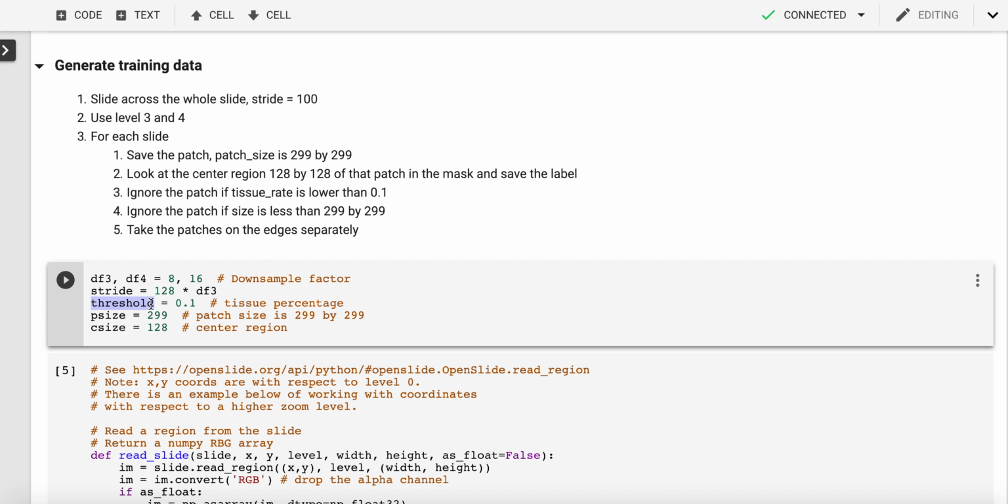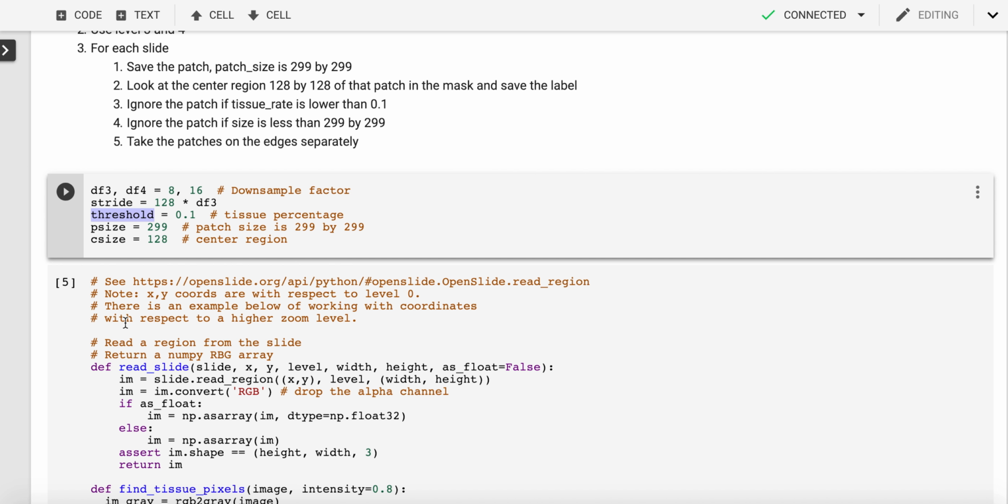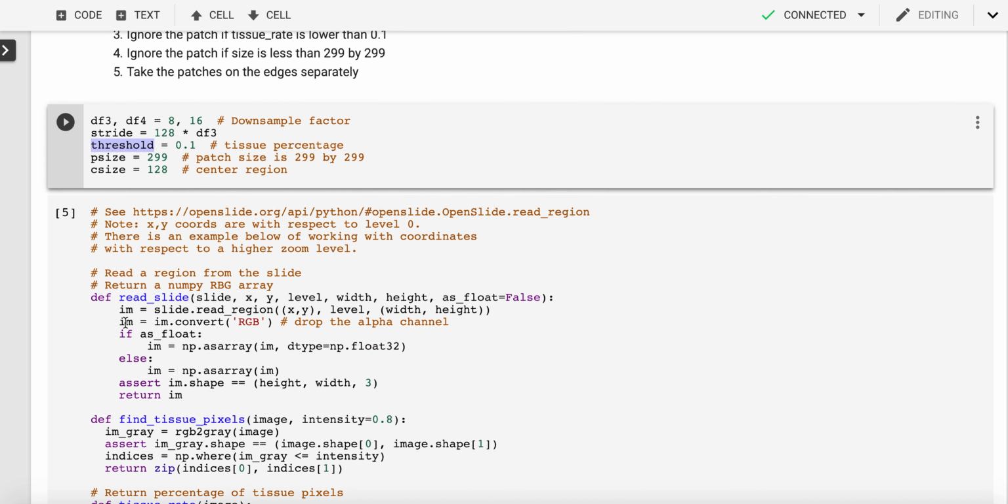The threshold here is the minimum tissue percentage we want in our training data set, so all patches with a tissue rate lower than 10% will be ignored. That's just the dimension of the patches and the center region.